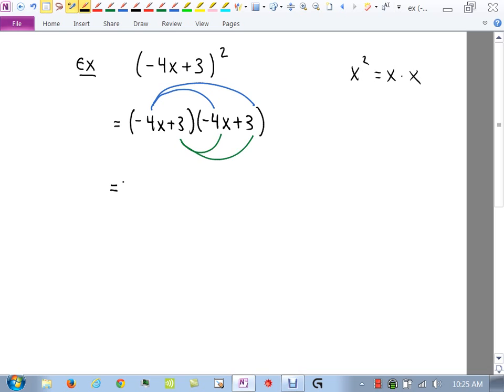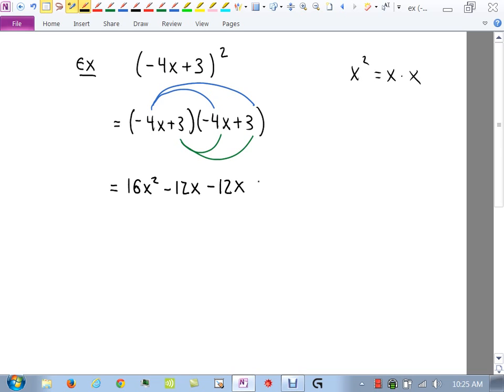What would it be? 16x squared minus 12x, right? What's the inside multiplication? 3 times negative 4x would be negative 12x again, right?